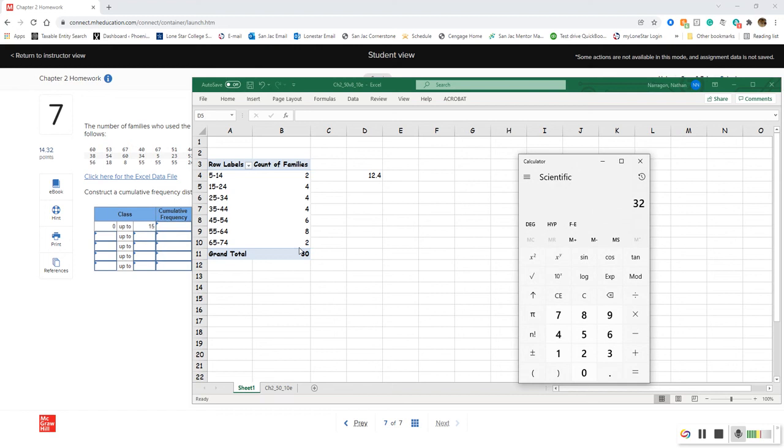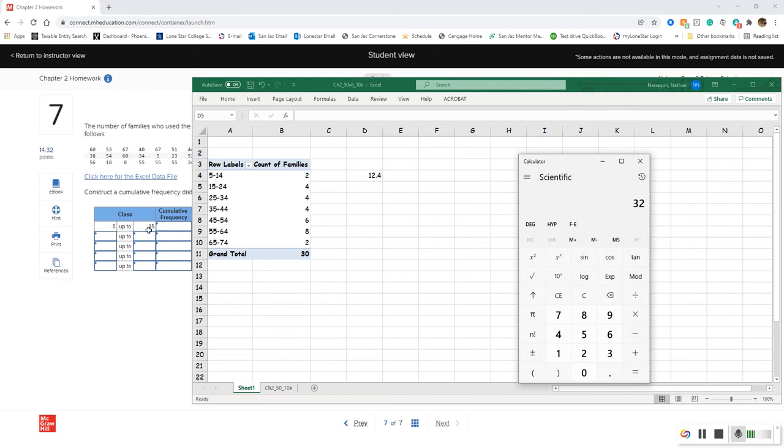We can take the 12.4, but the best interval probably is going to be 15. Round it closer to the 5s, like 5, 10, 15, 20, those kinds of intervals.